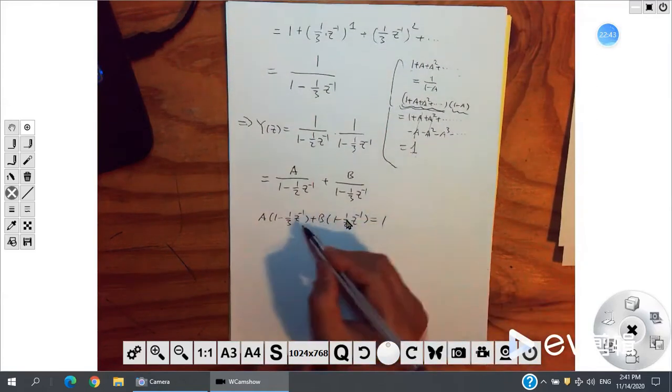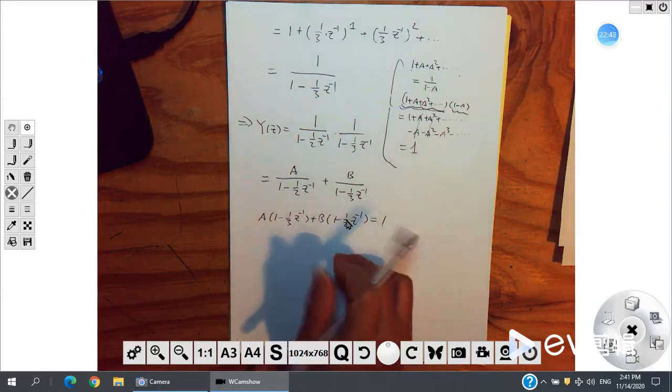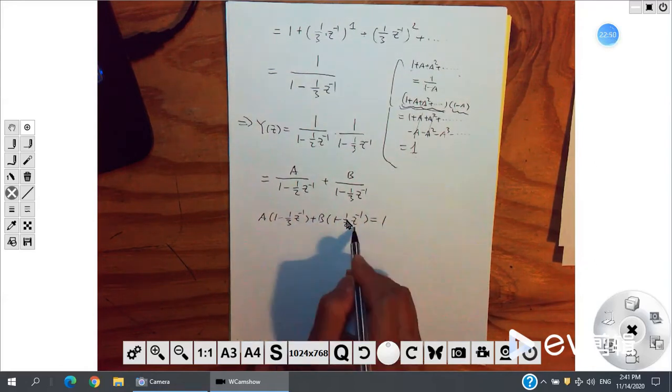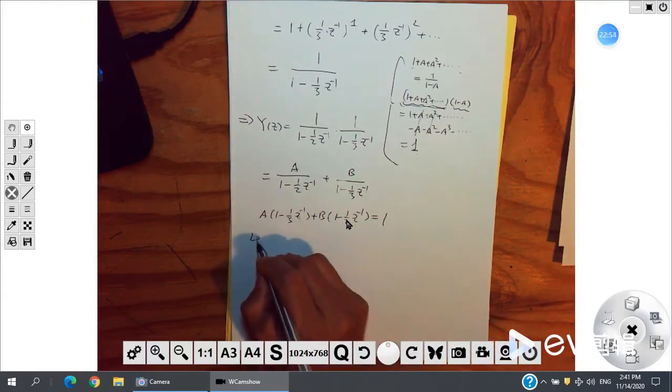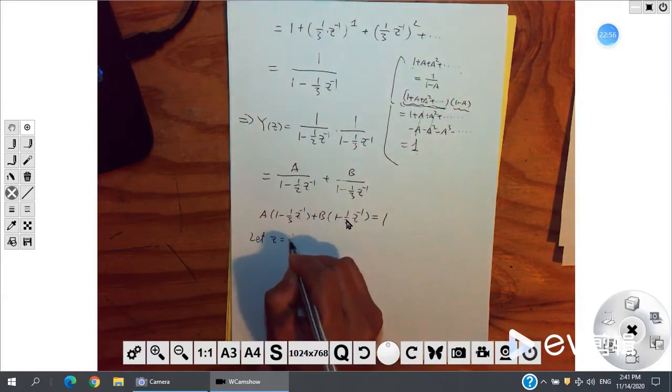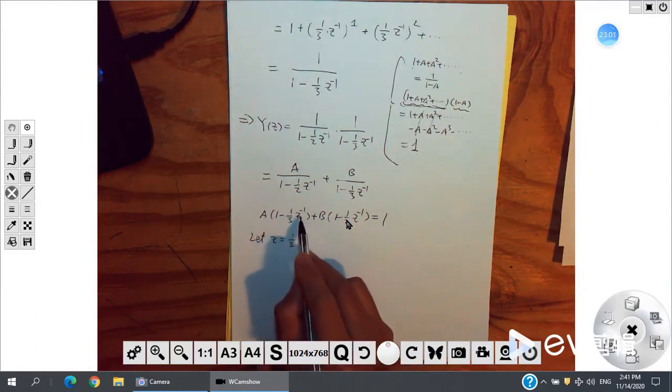Then you can have different ways to solve it. You can compare the coefficients on both sides. You can also plug in some special values of z. Okay, let me try some special value. I let z equal to 1/3. So here it's 1/3 divided by z, 1/3 divided by 1/3, which is 1. 1 minus 1 is 0.